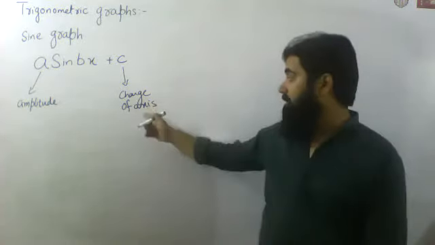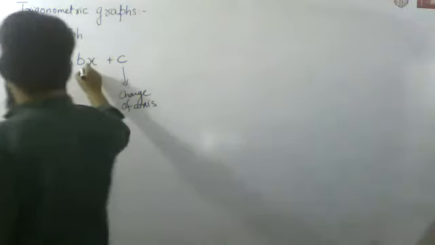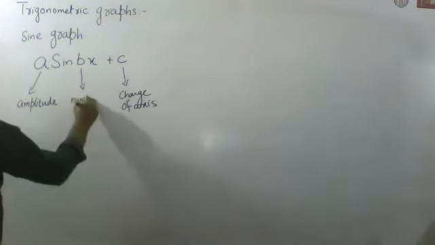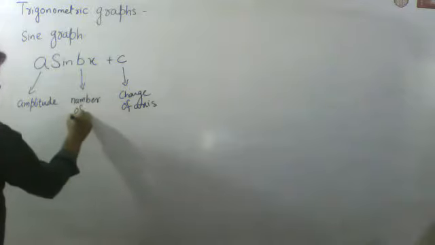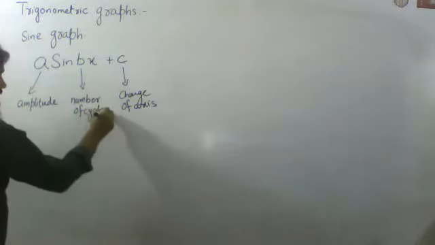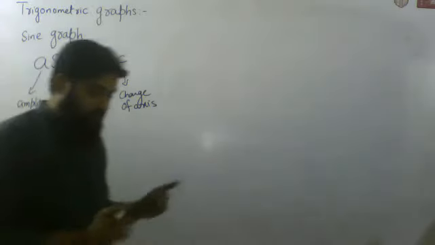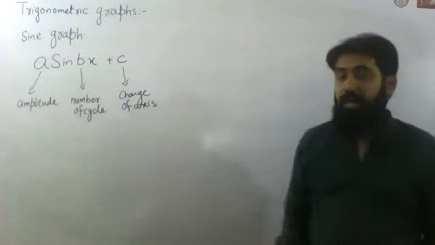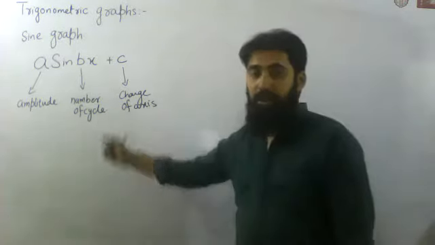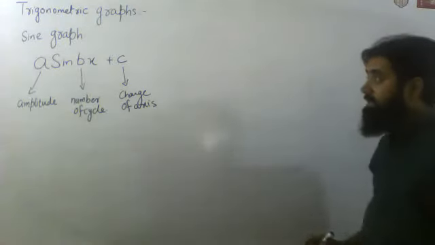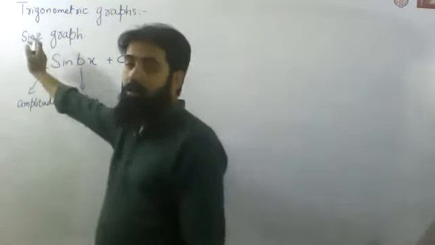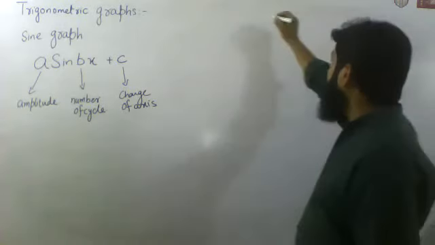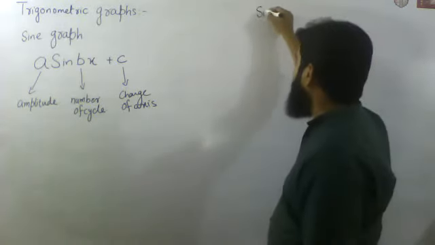This will be considered by c, and then there will be b, which represents the number of cycles. So in a fixed range, how much graph can be made will be represented by the number of cycles. Now, as we are talking about the sine graph, what is the first thing you have to remember when you start?